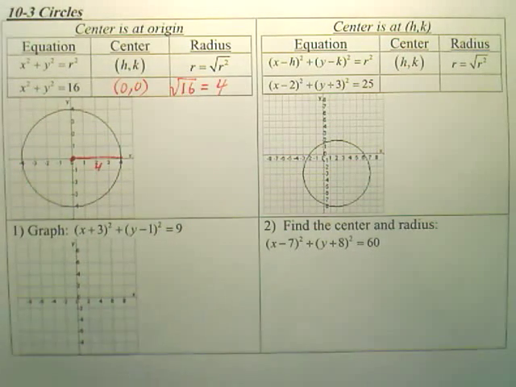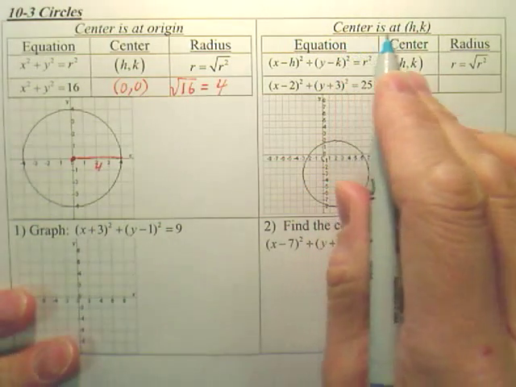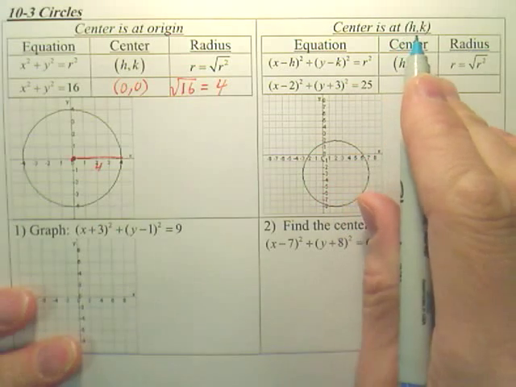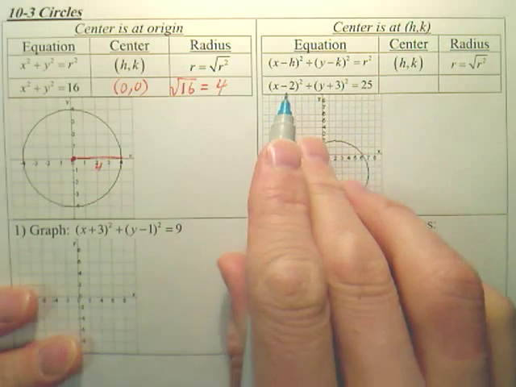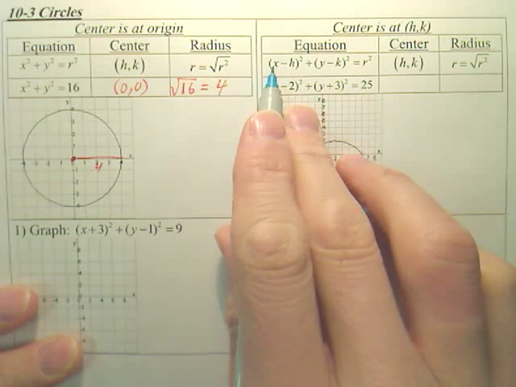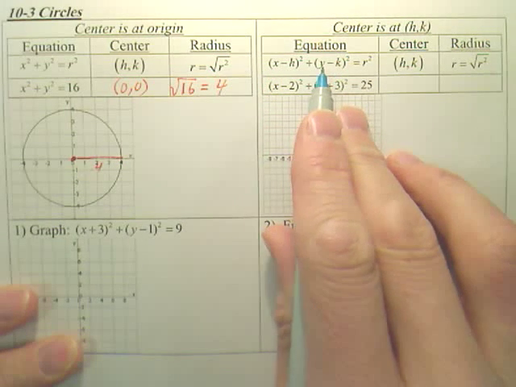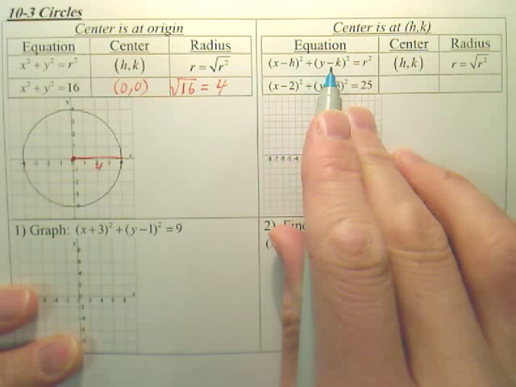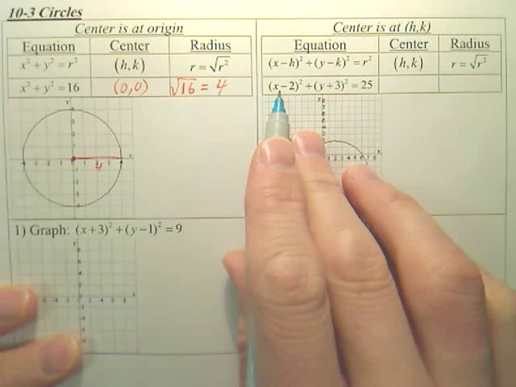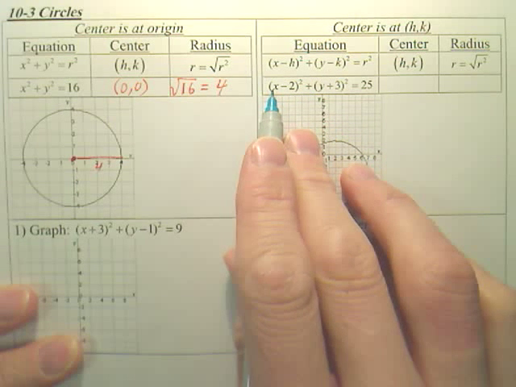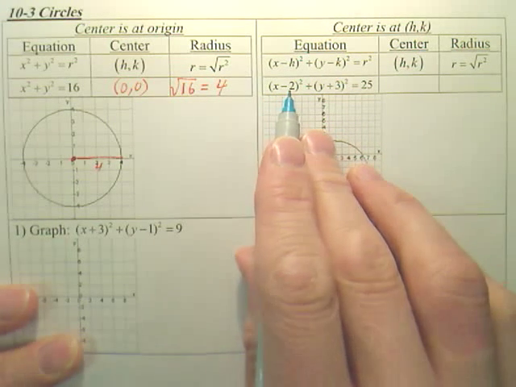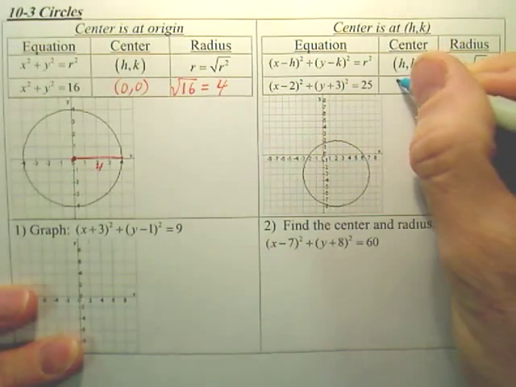Now looking at problem 2. This is where the center is not at the origin, it's at a certain point, hk. h always goes with the x, k always goes with the y, and the negatives mean the opposite of them. So the opposite of negative 2 is going to be positive 2.